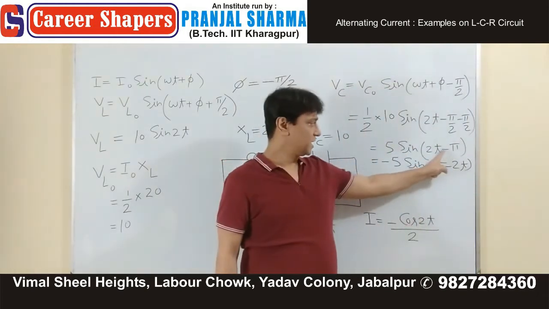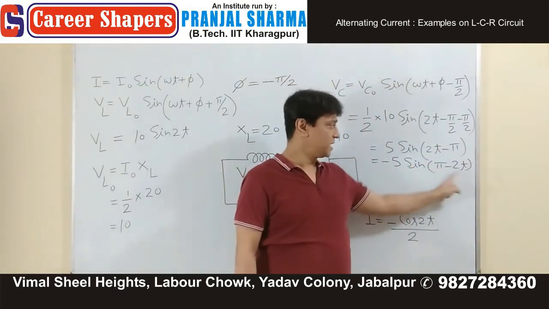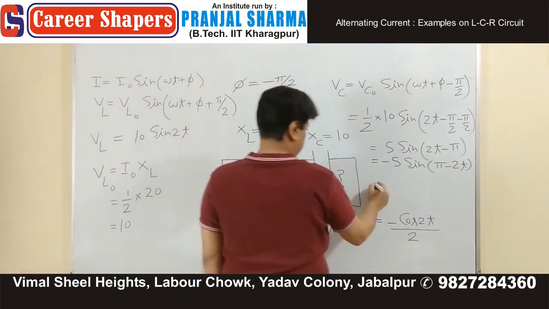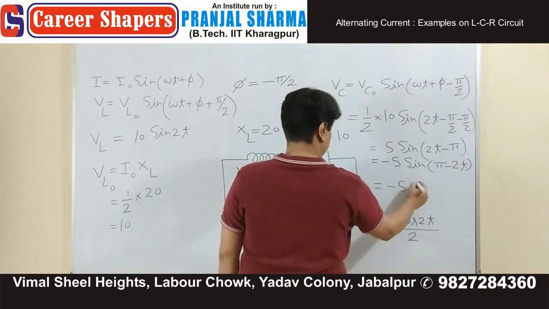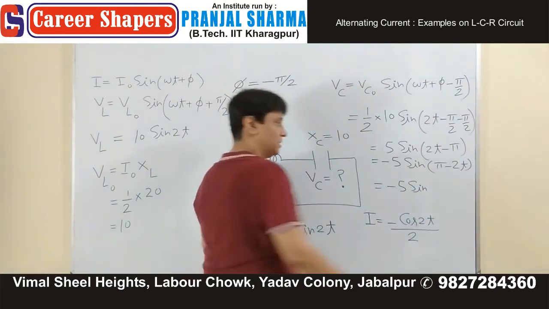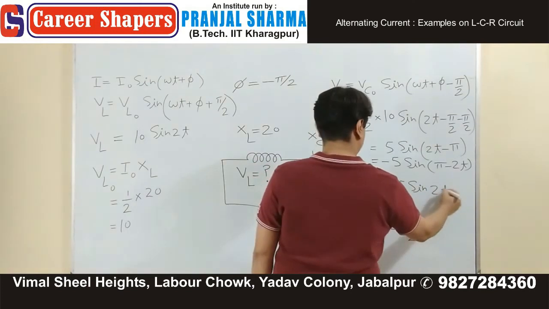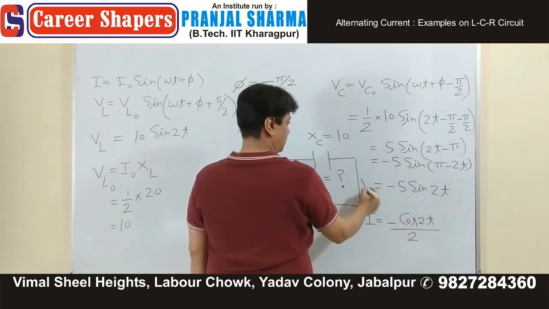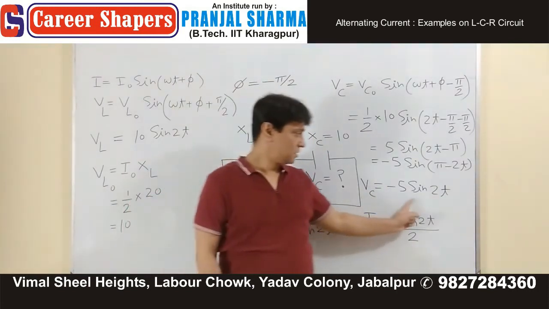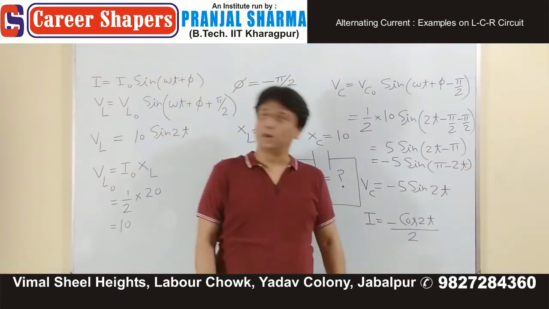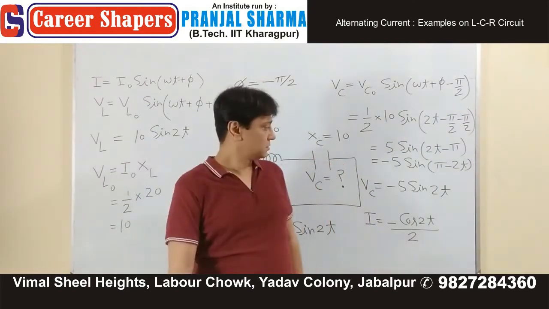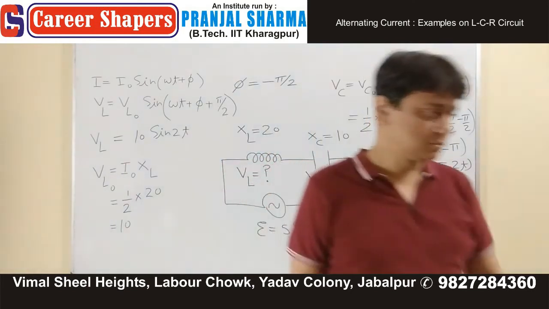Once I take the negative sign out, it becomes pi minus 2t. What is sine 180 minus theta? Sine 180 minus theta is sine theta. So this is minus of 5 sine 2t. That's the value of VC. Minus 5 sine 2t. That's the value of VL, 10 sine 2t. Note down this.